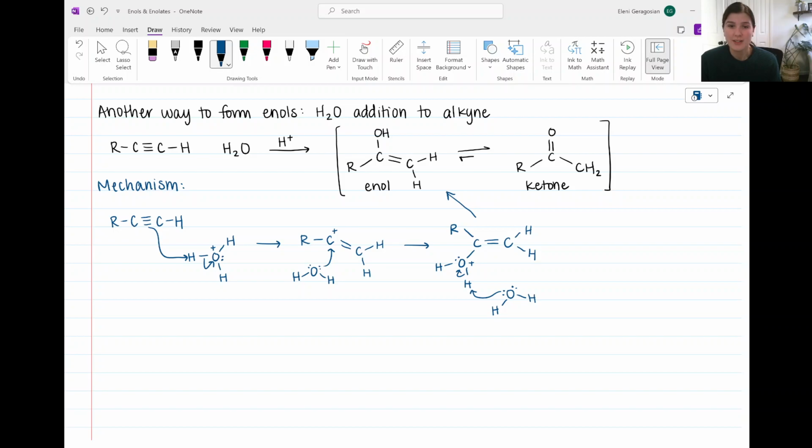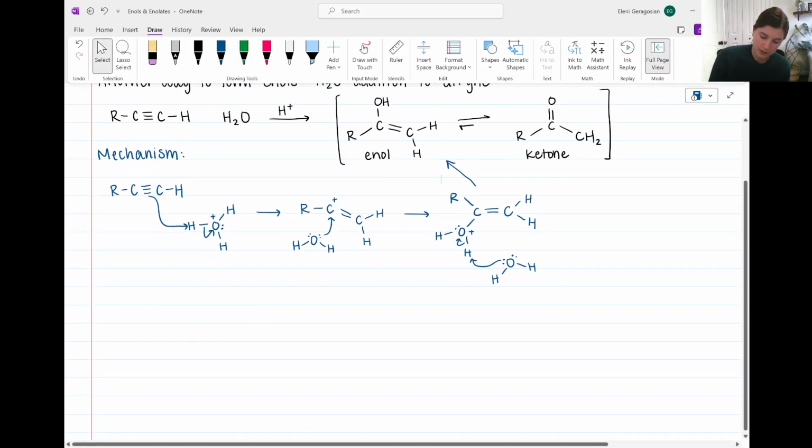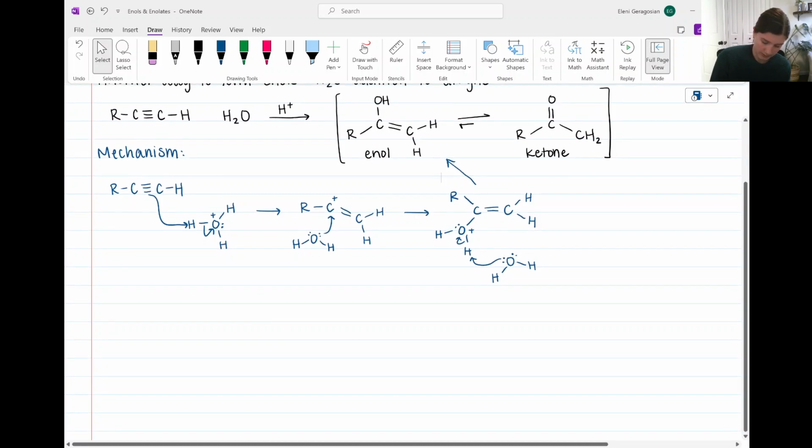Okay, so that's the mechanism to form the enol, but once we form the enol, how are we getting to the ketone? So we'll start with the enol now.